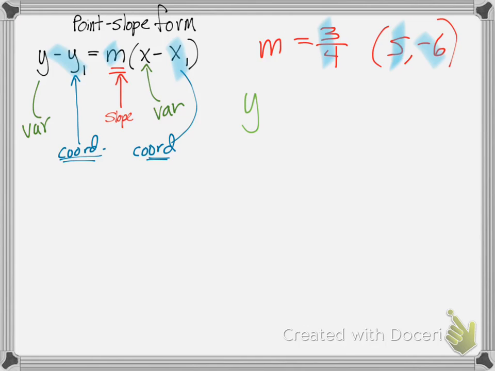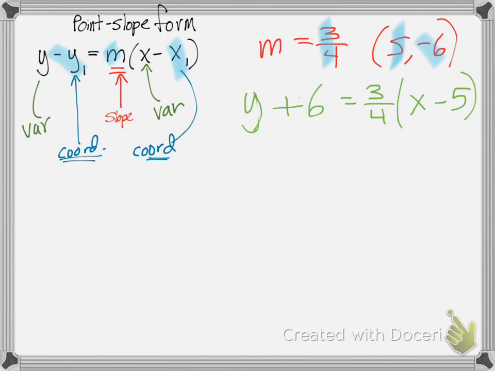It's going to be y minus a -6 equals 3/4 times x minus 5. The only thing we'd have to do is take care of that minus and negative. So in this case, I'm just going to erase it, it's a little bit easier, and call it y plus 6. And that would be an equation of a line through that point with that slope.